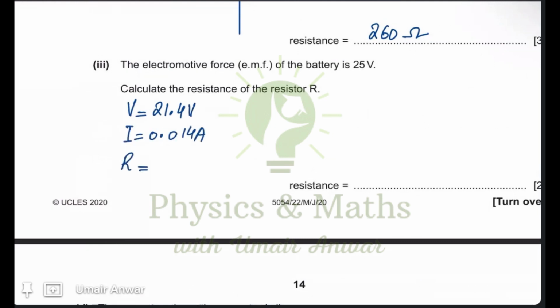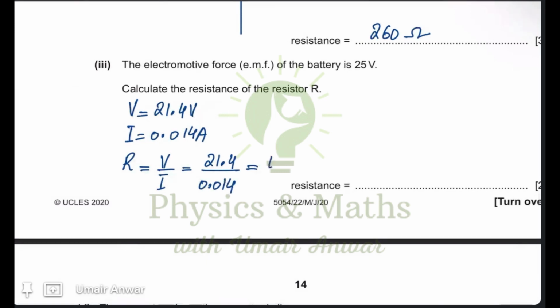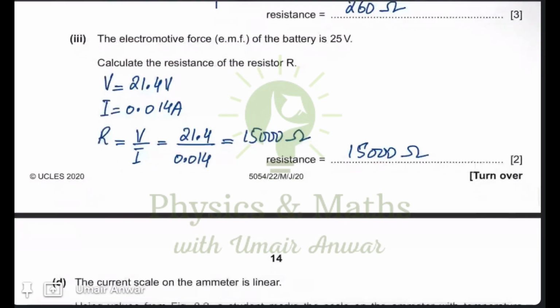So resistance would be voltage divided by current. Voltage is 21.4 and current is 0.014. So the answer is 15,000 ohms. Resistance of the fixed resistor here is 15,000 ohms.